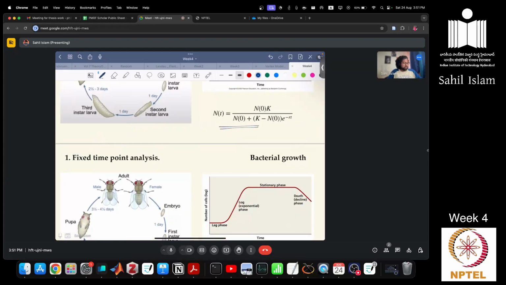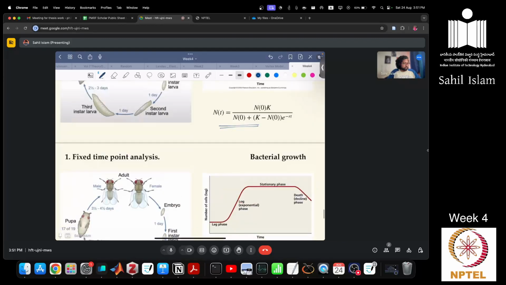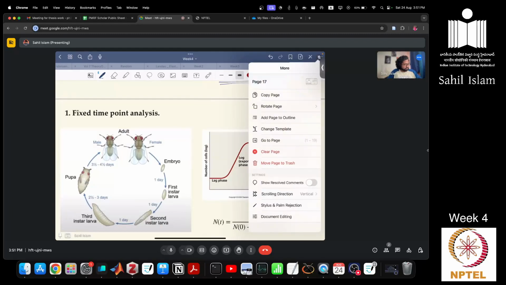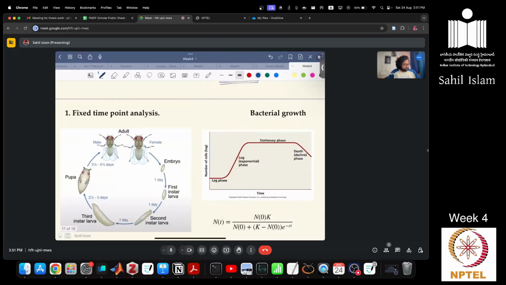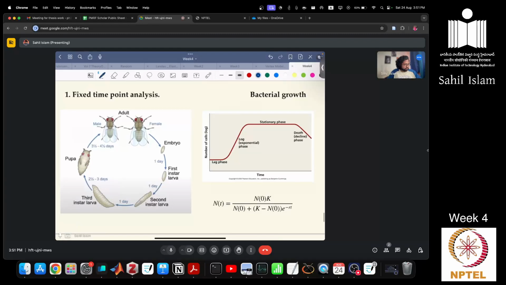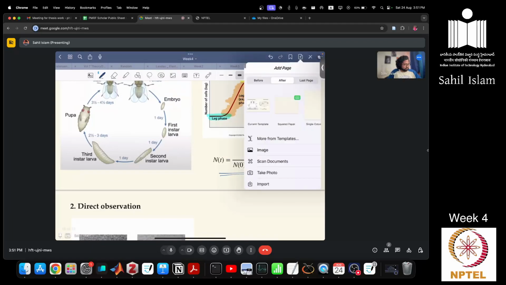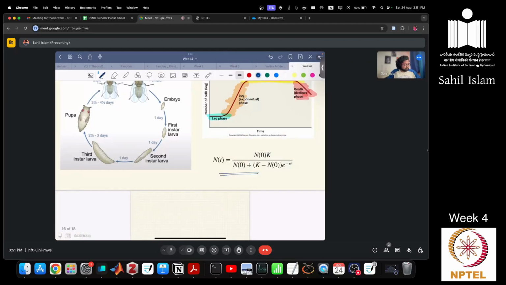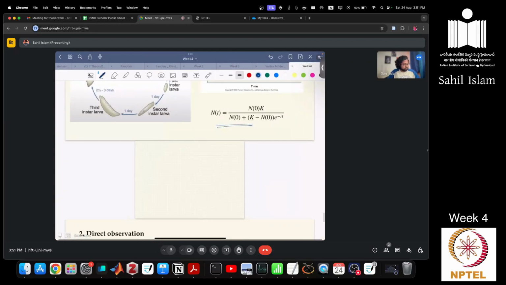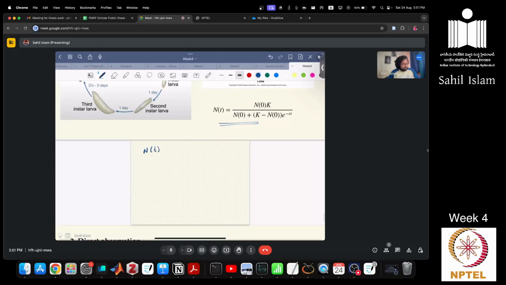If you analyze this equation, N(t) equals N0... sorry. So if you see this N(t), this r is the rate, and this is the saturation.